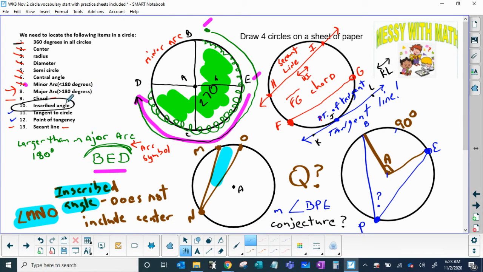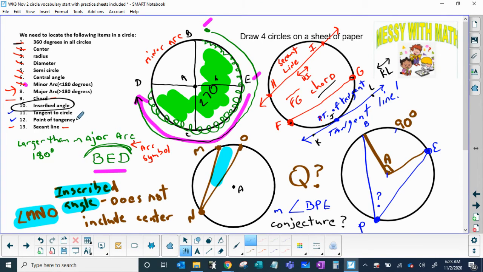Now let's do all these little pieces. Chord. A chord from F to G is a segment FG. It touches both edges of the circle, that's it. A secant line goes all the way through a circle. It's a line that goes on forever and ever. So we labeled it HI, a line.